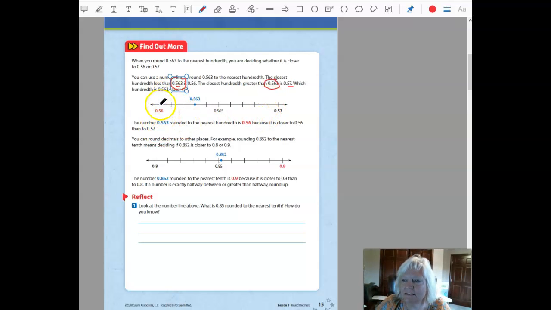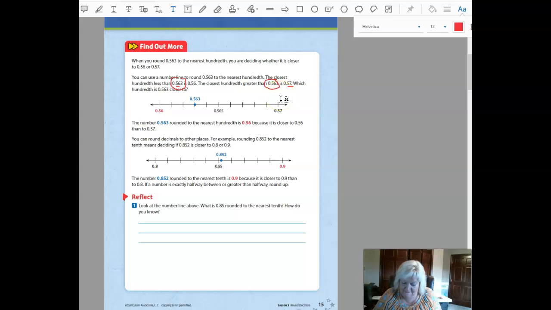So if this is 56 and this is 57, this is divided in here to this right here would be 561 thousandths, and then we would have 562 thousandths. Oops, forgot my decimal. 0.562. They already told us 563 thousandths.